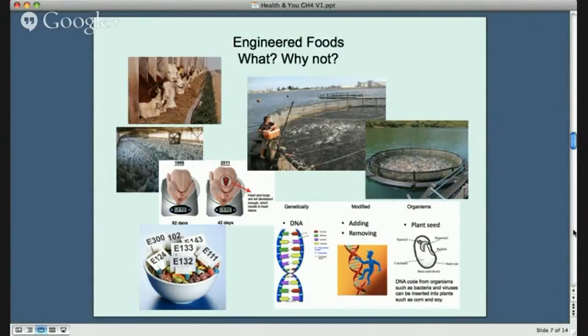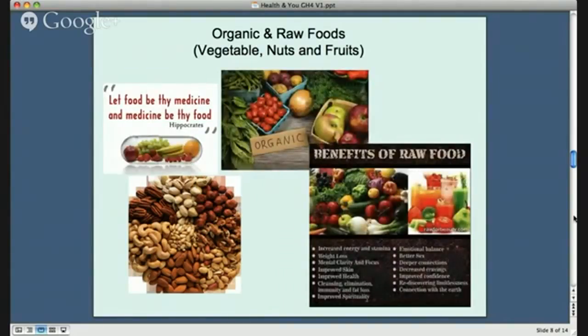A lot of them include antibiotics to either remove infection from the environment in which they live, such as the fish, but it also can be to change the gut flora so that the fish and the animals actually grow fat faster. And the other thing that I'm going to include in engineered foods is these chemicals, the artificial chemicals and flavourings that go into foods. These things should be excluded from the ideal diet. Why? Because again, they cause inflammation, they cause degeneration of the body.